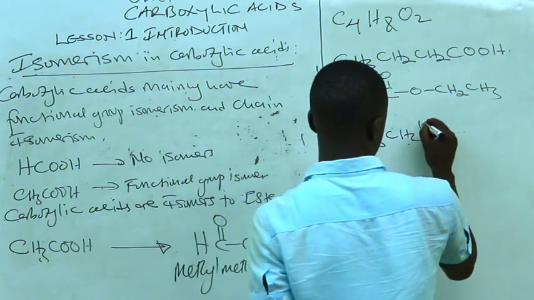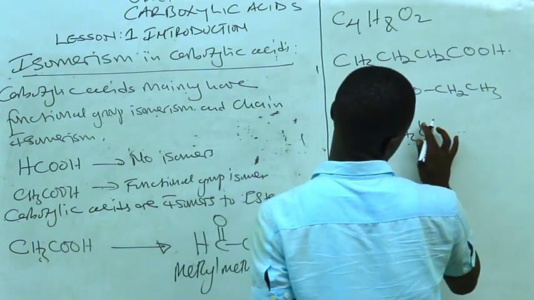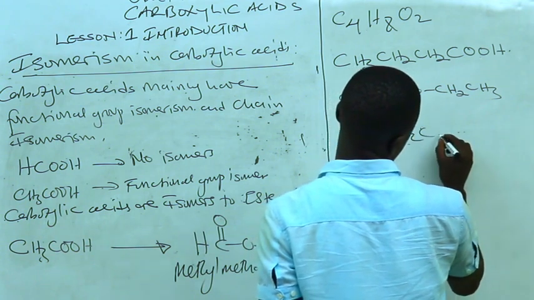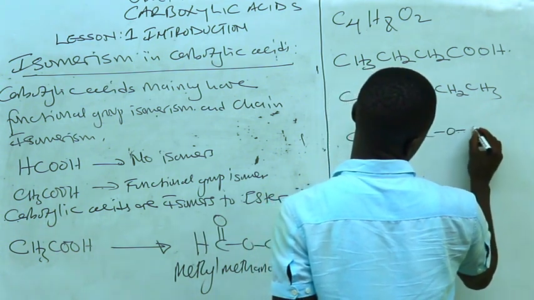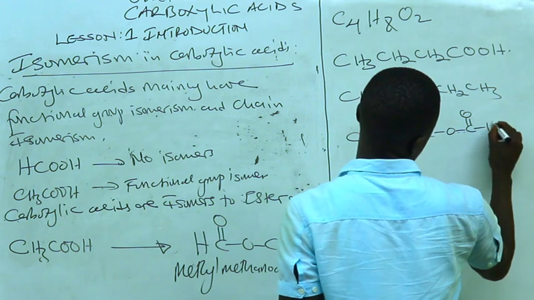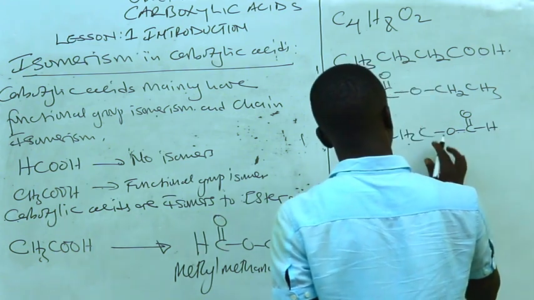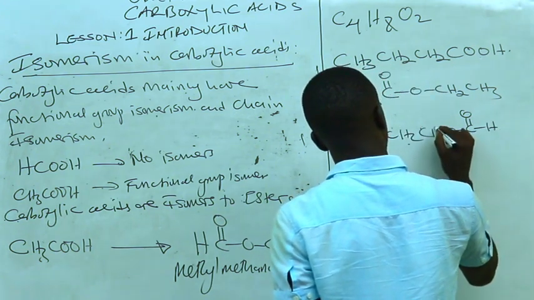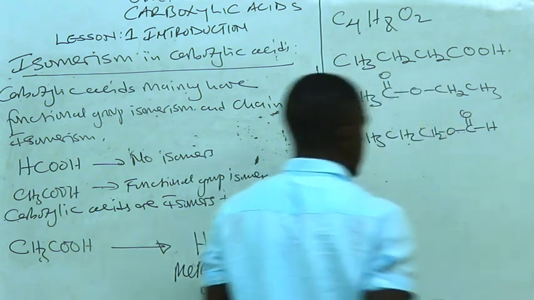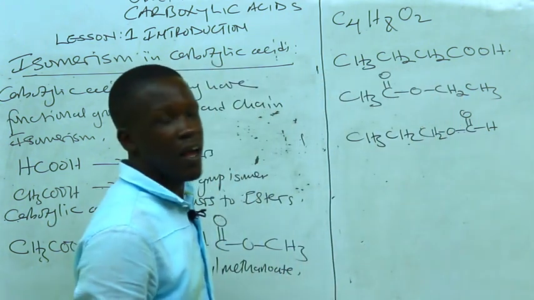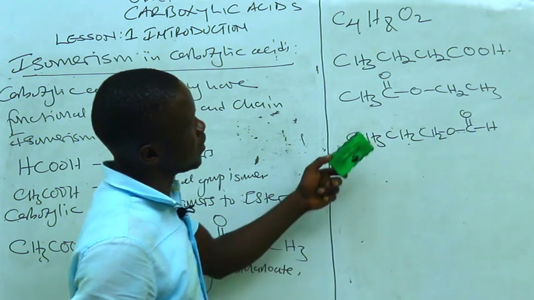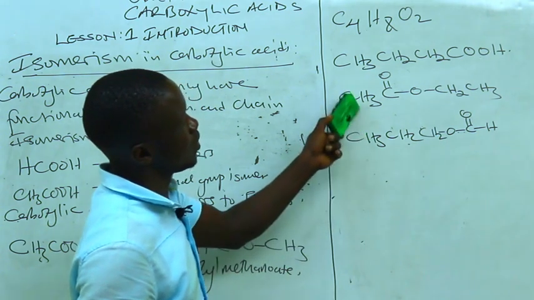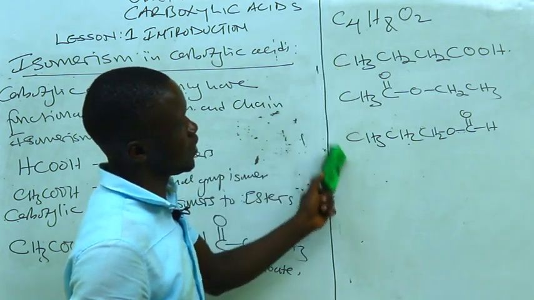Now this one, we can decide to put this one here, or this one, an H, and that means this one should be CH2. This one is still an ester, and this ester has the same number of carbon atoms as these other isomers.